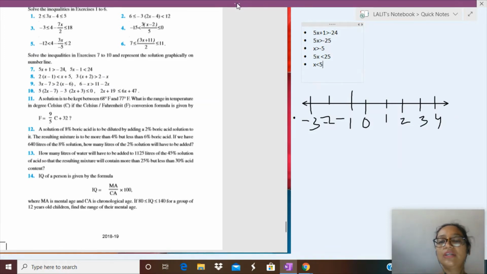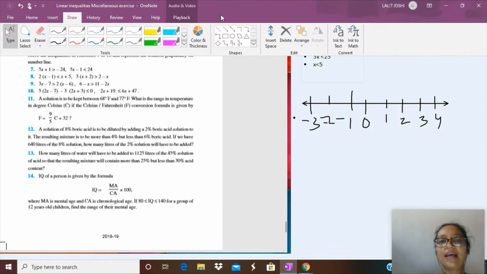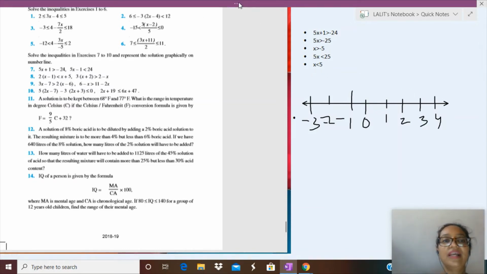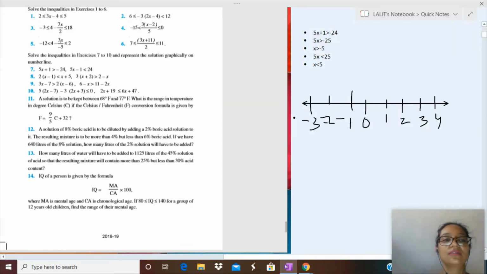So what we will do is, we will just draw a line arrow indicating this particular thing. So x is greater than minus 5 means I'll have my minus 5 over here. Let's first of all draw x is less than 5. So we will have our minus 5 and 5 over here. So if this is 5 and if this is minus 5, right?